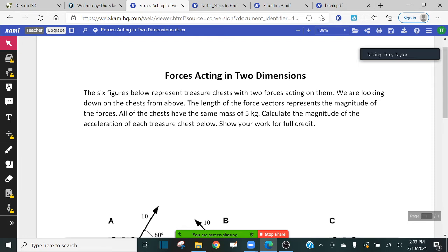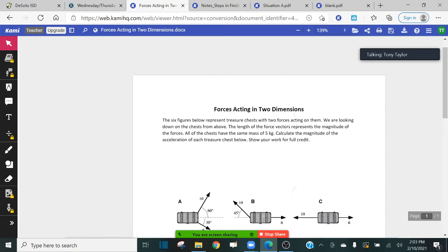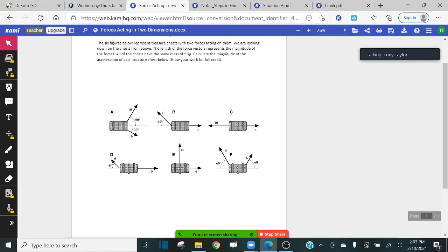We are looking down on the treasure chest from above. The length of the force vectors represents the magnitude of the forces. All of the chests have the same mass of 5 kilograms. Did y'all get that? So all of these treasure chests have a mass of 5 kilograms. Calculate the magnitude of the acceleration of each treasure chest below. Show your work for full credit.